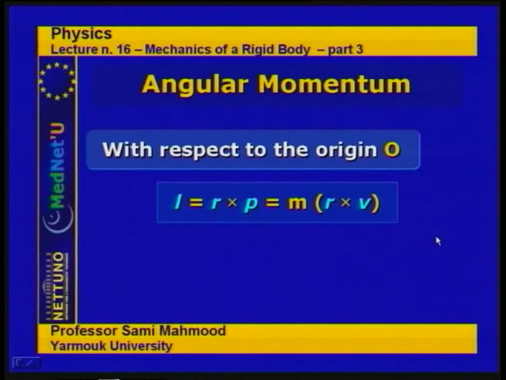That quantity is called small l, the angular momentum of the object. If we consider the object to be a point-like particle for the time being, for simplicity, we can define its angular momentum with respect to a given origin as it's passing by that origin at a given distance r from it.